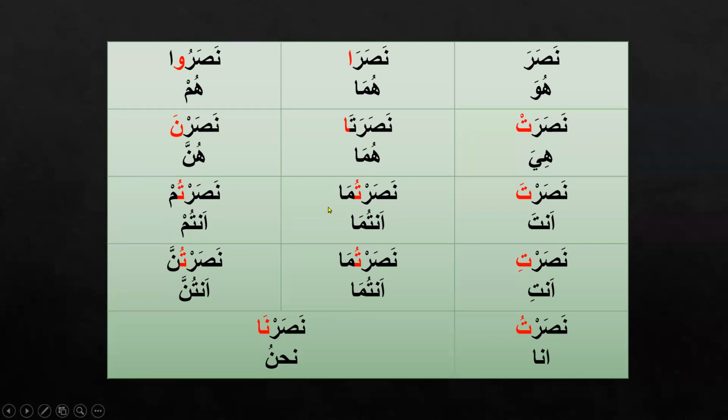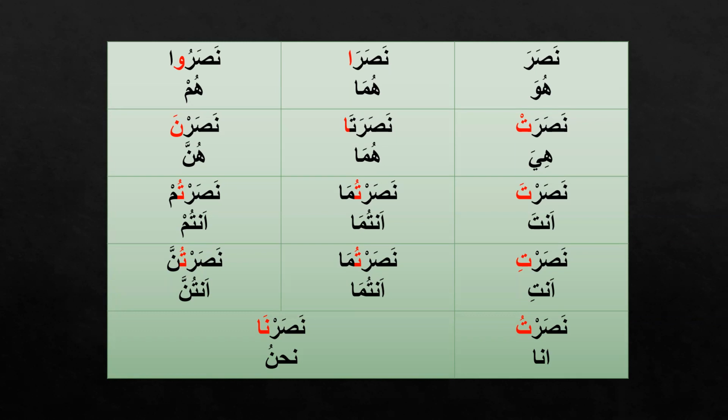Only for these two, huwa and hiya are inside there and they are damir mustatir. In all the others, you can see the pronouns, and that's why they are fi'l and they will be damair which are baris.